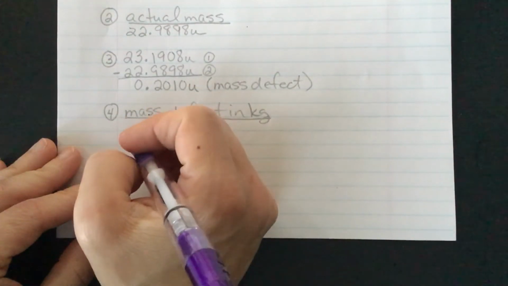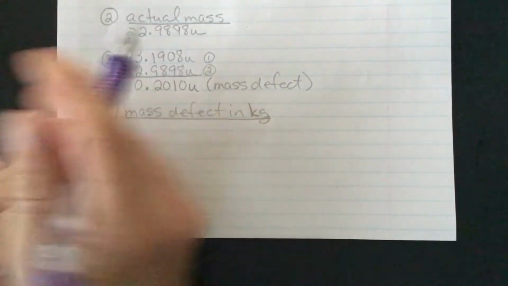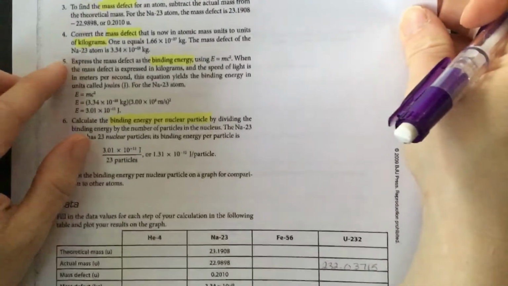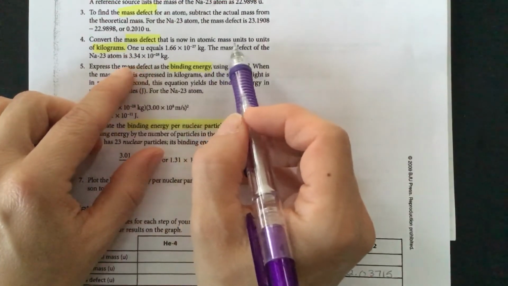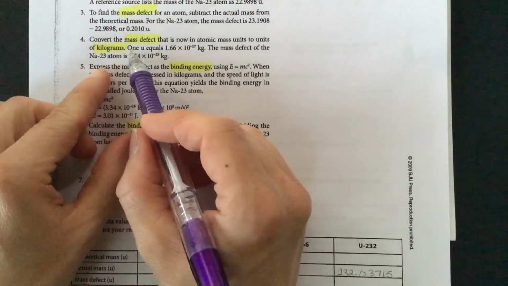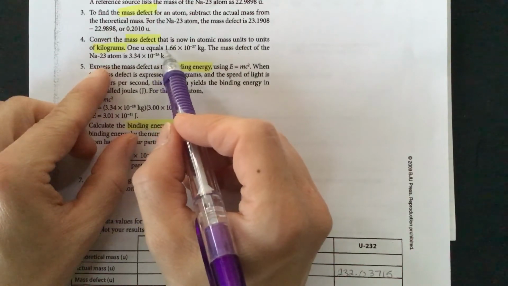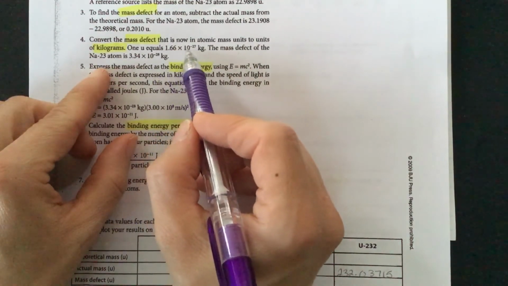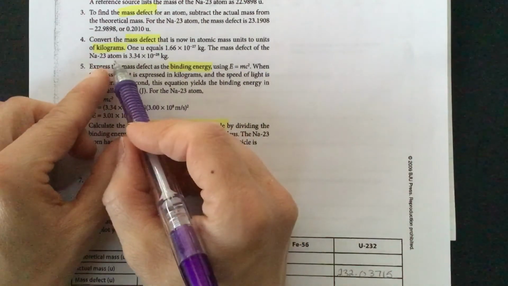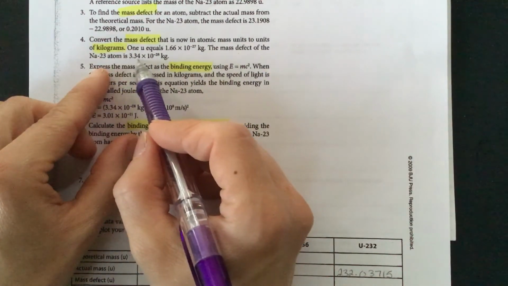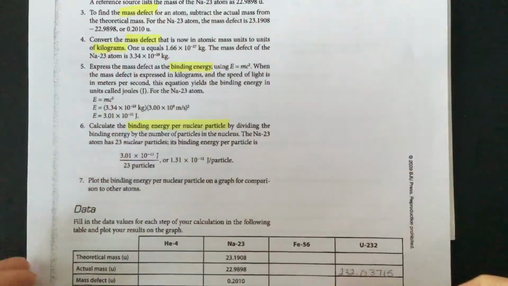So the conversion is, they tell us here, convert the mass defect that is now in atomic mass units to units of kilograms. 1 atomic mass unit equals 1.66 times 10 to the negative 27th kilograms. The mass defect of sodium 23 atom is 3.34 times 10 to the negative 28 kilograms.